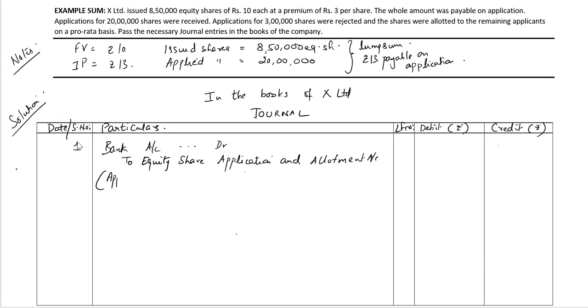For application and allotment money received. Total amount received, 20 lakh shares multiplied by 13 rupees per share comes up to 2 crores 60 lakh rupees.